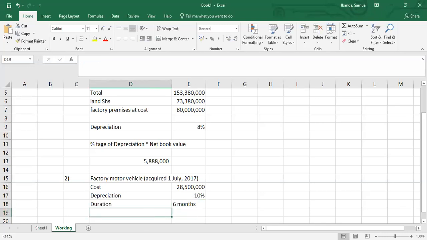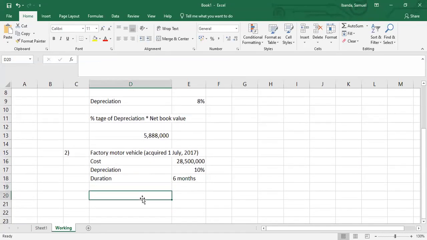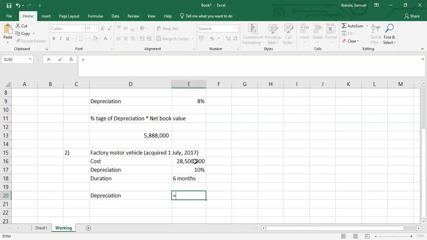So if I want to get the actual value of depreciation, it will be equal to cost, which is this, times the depreciation, which is 10%. Of course, this is the annual depreciation.